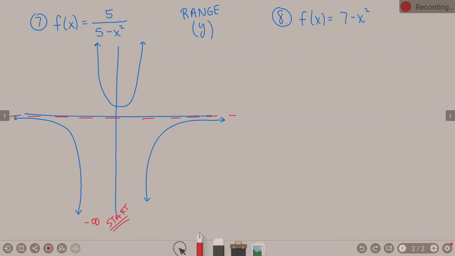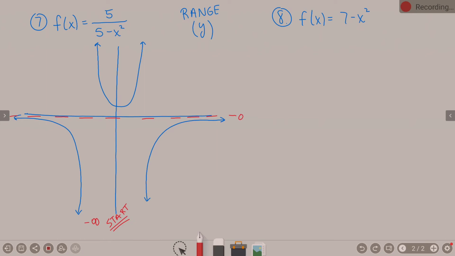This is where I say trace, and run your cursor off to the right. As you run your cursor off to the right, -0.5, -0.3, -0.1, -0.06, -0.04. What is that y value approaching? It is approaching 0.